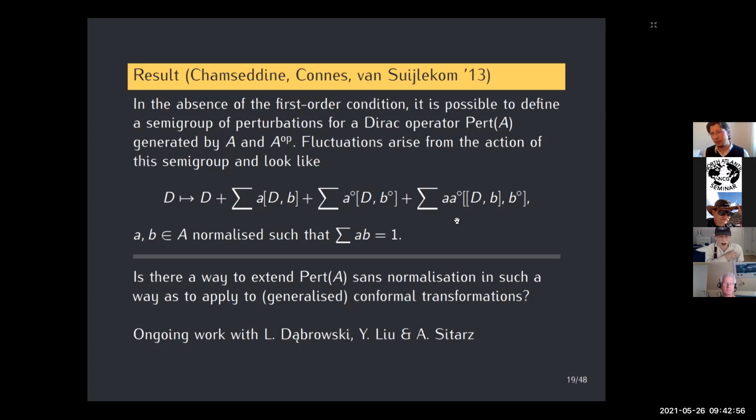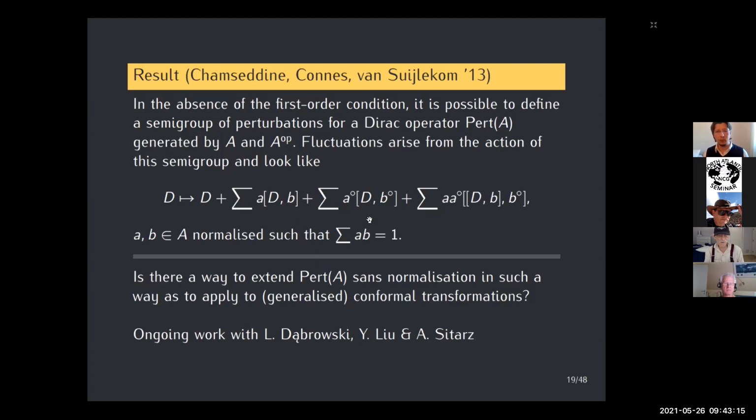And just to give a bit of background, the motivation behind this is that normally you obtain fluctuations of the Dirac operator via gauge transformations. But in that case, your one form and opposite one form are built out of unitaries. And in that case, they compose.